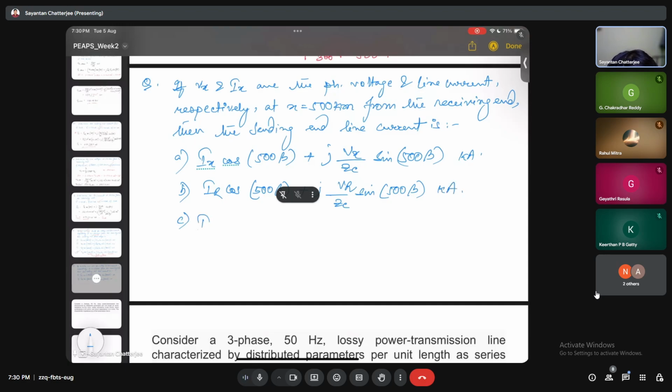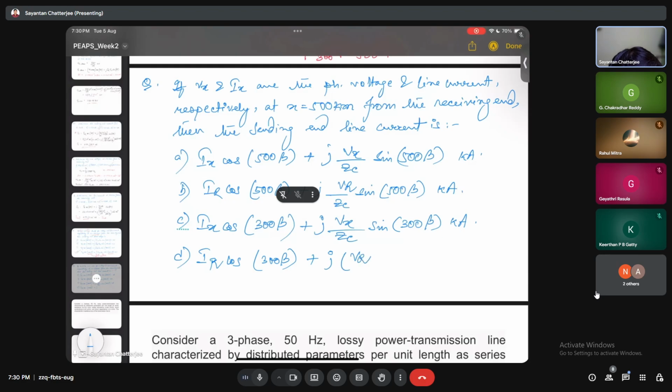C is Ix cos 300 beta plus j Vx by Zc sin 300 beta, and D is IR cos 300 beta plus j into Vr by Zc sin 300 beta.